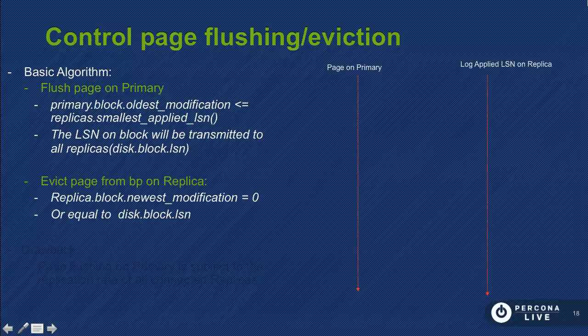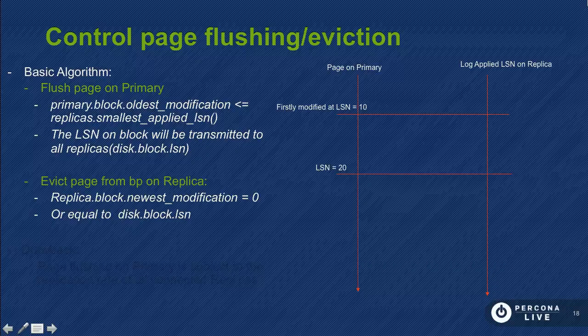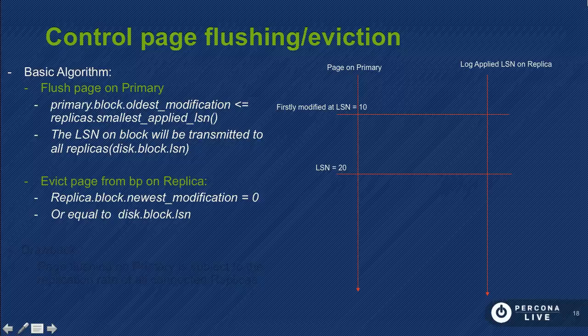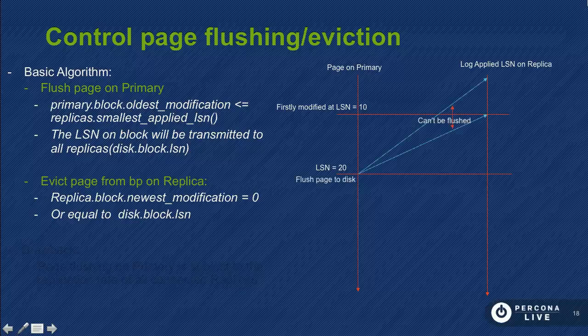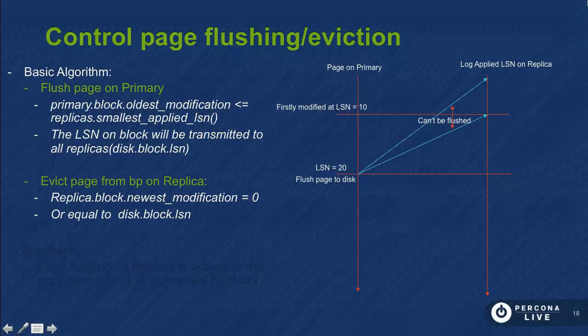Here is an example. We first modify a page at LSN 10, and then secondly modify the page at LSN 20. After that, we want to flush the page to disk. It can't be flushed to disk if the applied LSN on the replica is smaller than 10, because the first modification hasn't been applied.